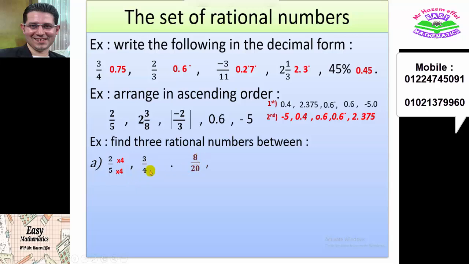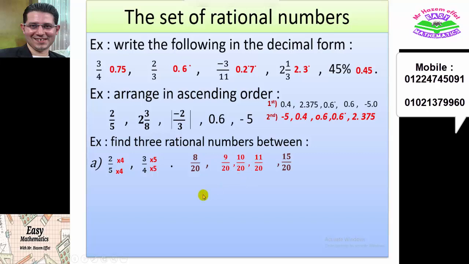The same, multiply here by 5 up and down, it will be 15 over 20. Now we can find three rational numbers between 8 over 20 and 15 over 20. It's so easy, like 9 over 20, 10 over 20, 11 over 20.